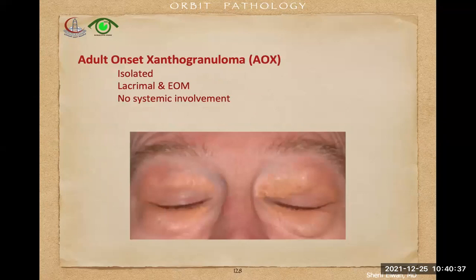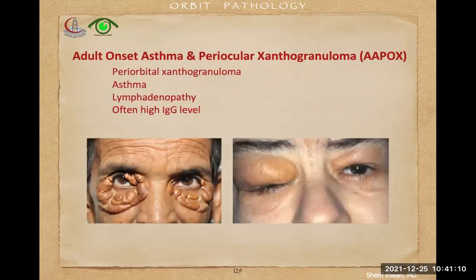The adult onset is isolated, occurs in the lacrimal gland and extraocular muscles, no systemic involvement. As you can see, there are yellowing around. Don't mix it with xanthelasma. Although clinically speaking, you may confuse it with xanthelasma until you take it under the microscope. You find one with multiple foam cells and this one with multiple histiocytes.